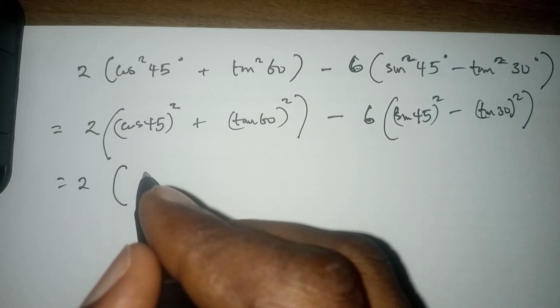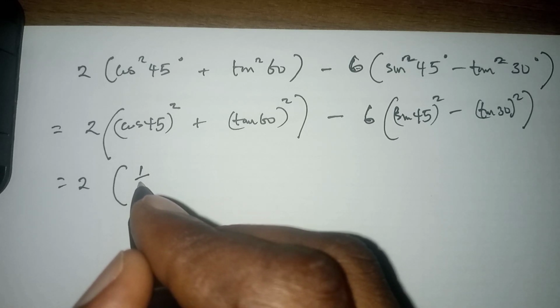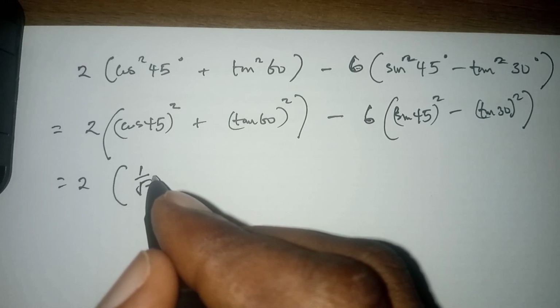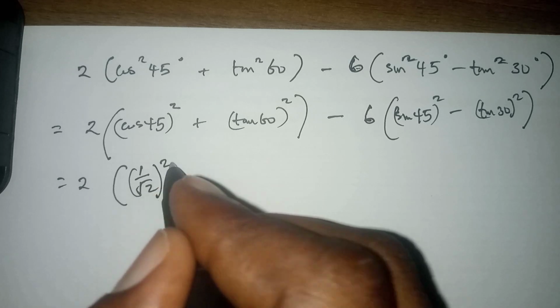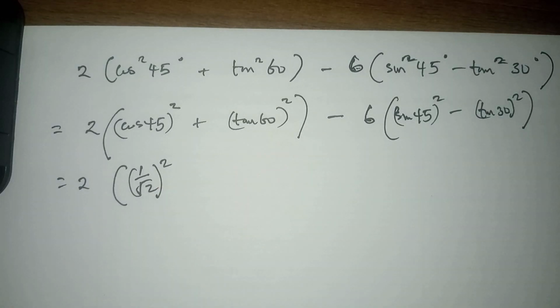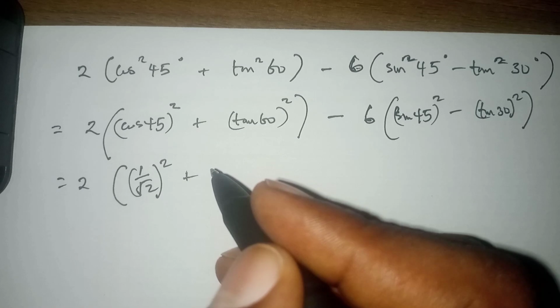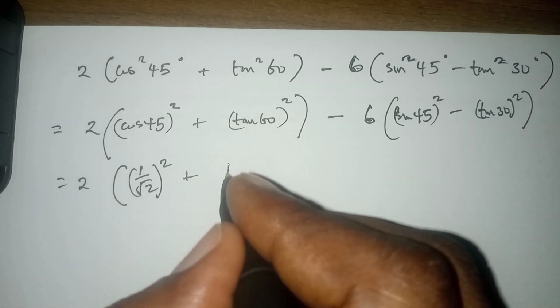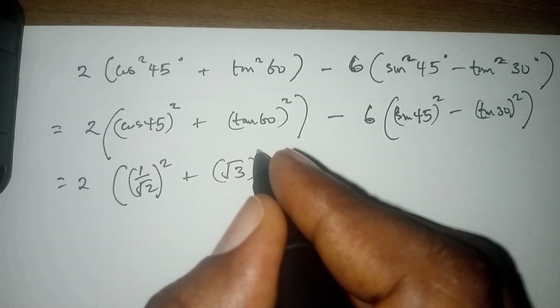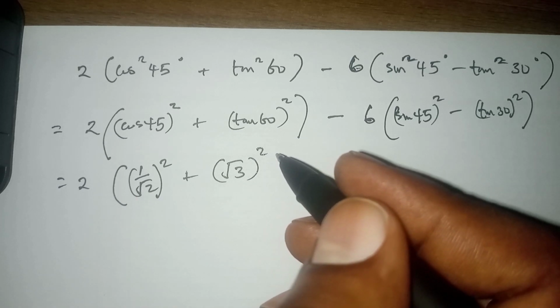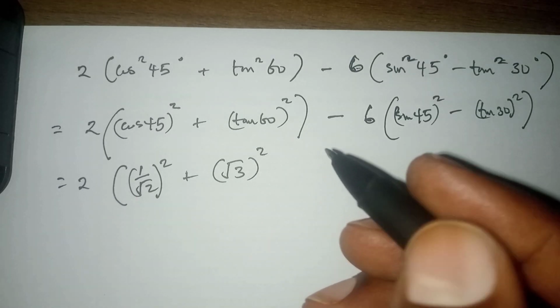Cos 45 is 1 over root 2. Please don't forget, cos 45 is 1 over root 2. Then plus, what's tan 60? Tan 60 is root 3, all squared.